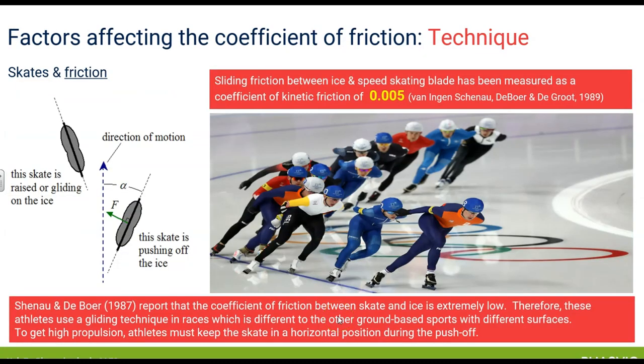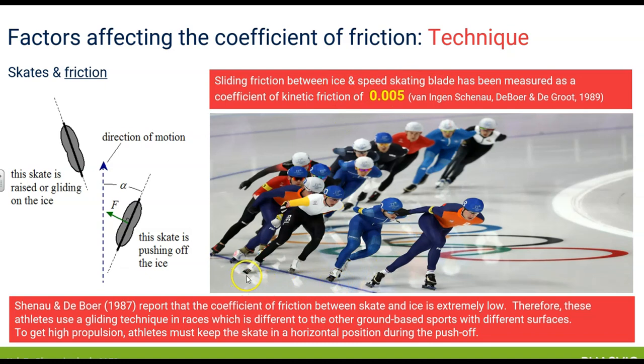So the last little bit we need to look at is things that influence how slippery, slidey surfaces are, in terms of what the coefficient of friction is. This could be a nice one to use in terms of ice skating, actually, for your calculation example, because this is the coefficient of friction between a speed skating blade and ice.